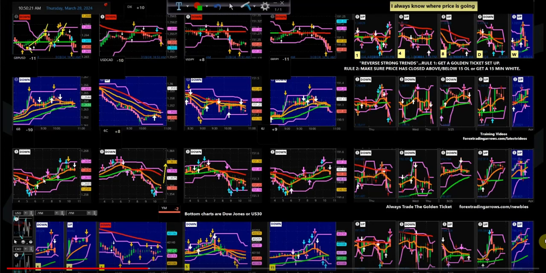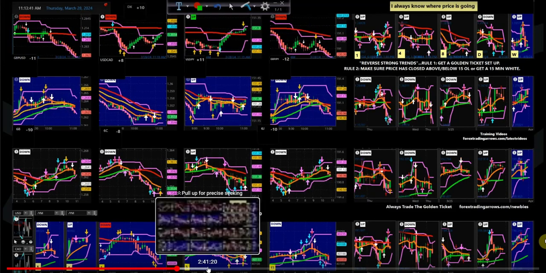So as soon as you get rule 2, it's like bang, bang, it's one way, Mr. Cooper. Okay. And it works on every single time frame, every single pair, I should say. Bang, bang, bang, bang, bang. Okay. All right.